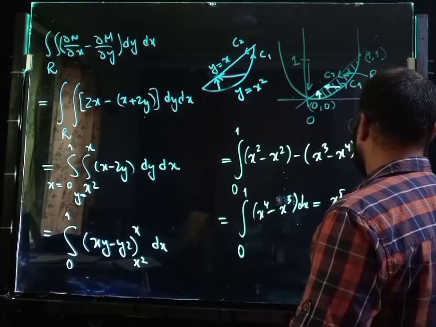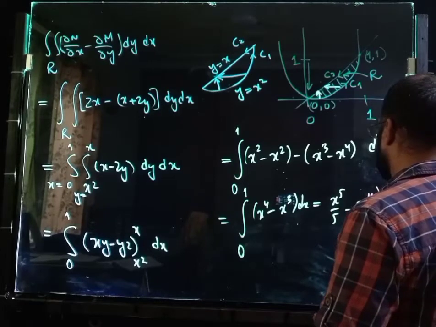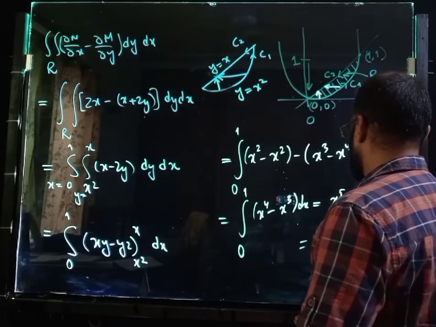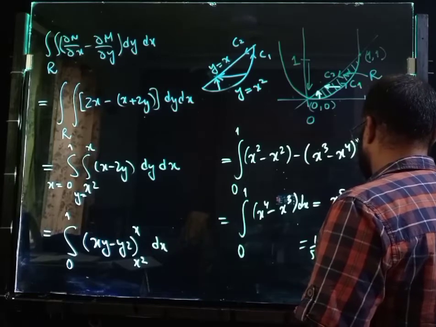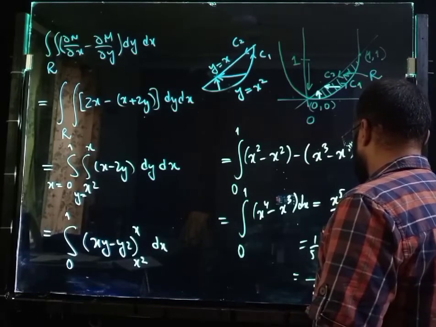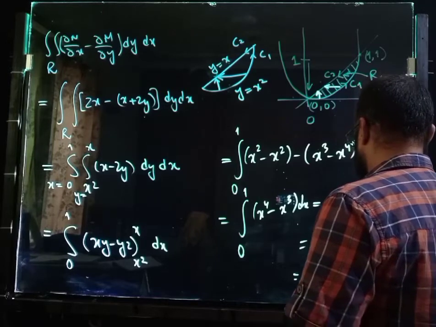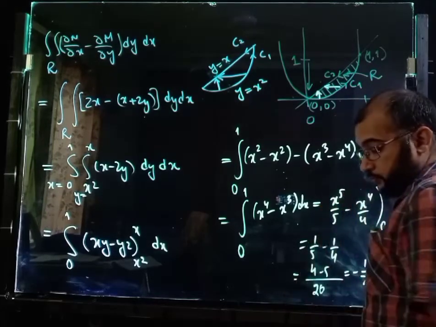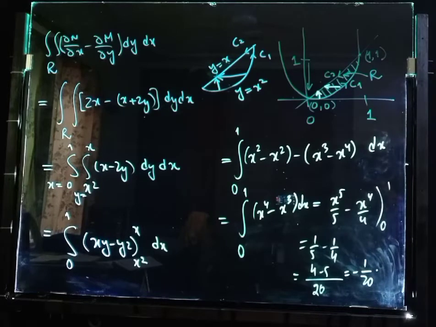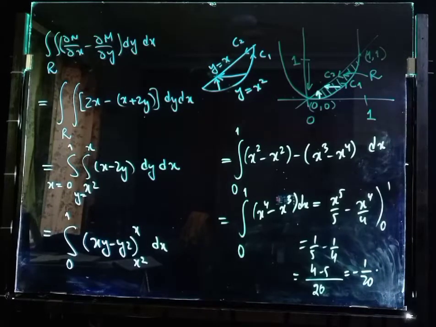That gives x^5 by 5 minus x^4 by 4 from 0 to 1, which is 1 over 5 minus 1 over 4, which is 1 by 20 minus... minus 1 by 20.